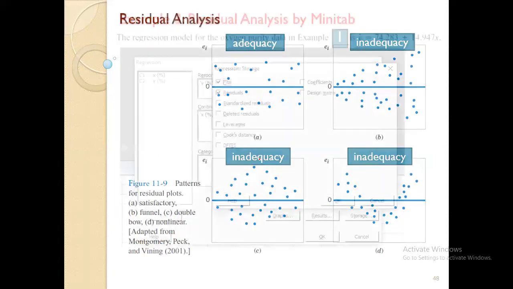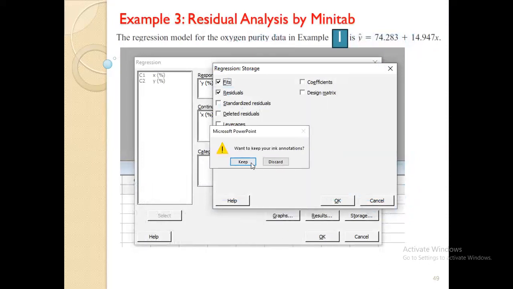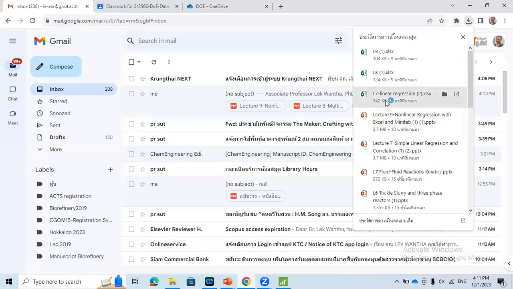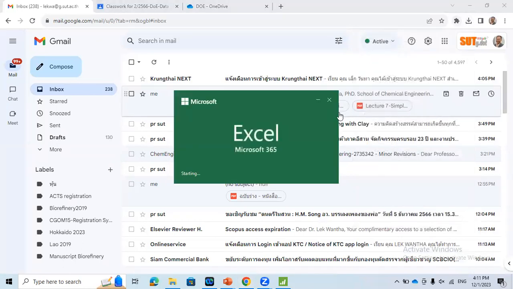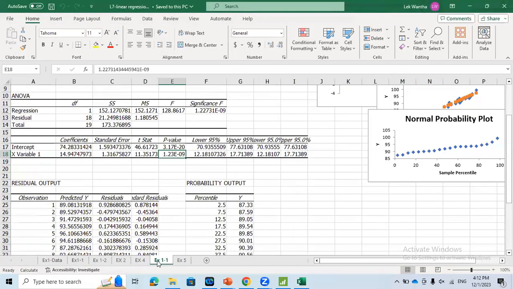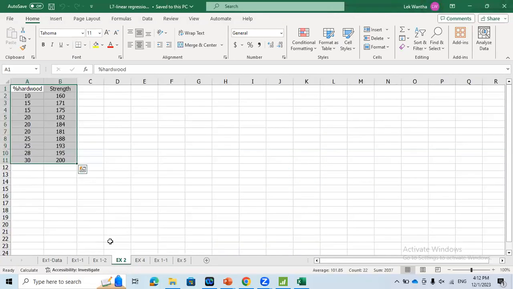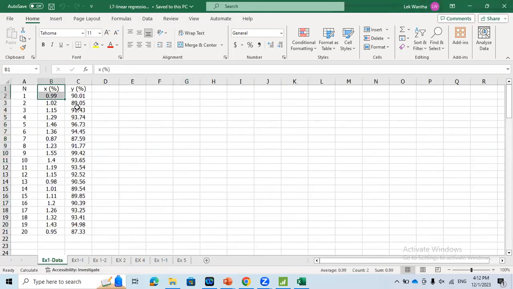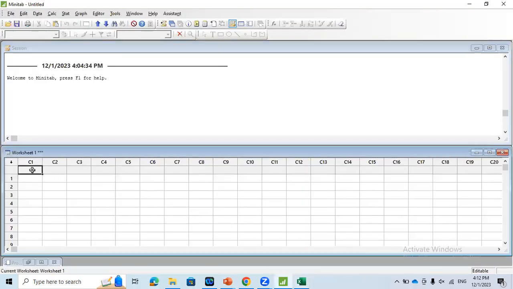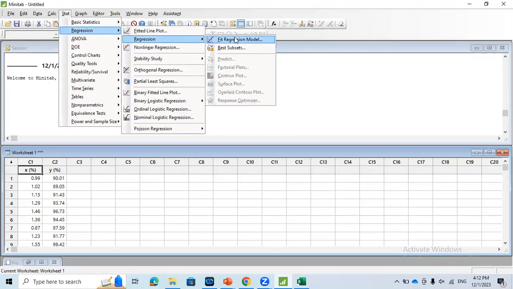Okay. I have some data. We check this. We go to Stat, Regression, and Regression Model.